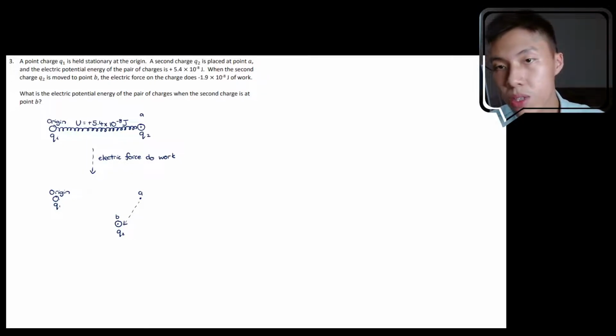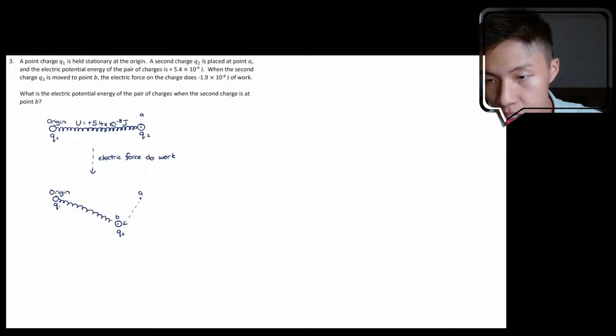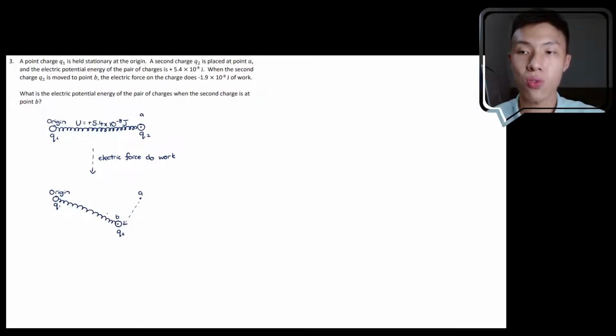So now the electric potential energy between Q1 and Q2, what am I doing? The electric potential energy will be a spring that connects between Q1 and Q2 as usual, but this time this will be another electric potential energy.